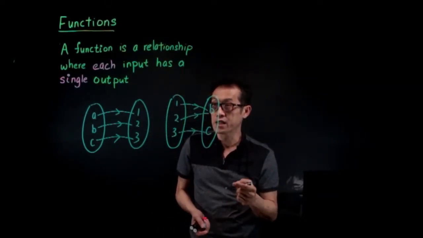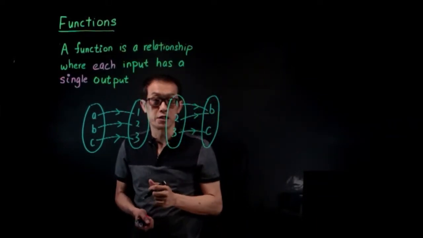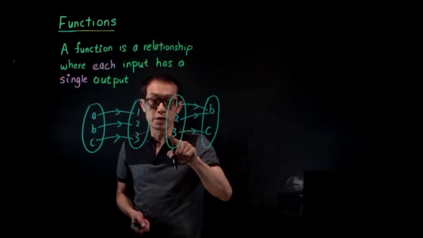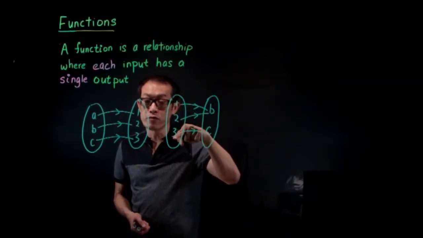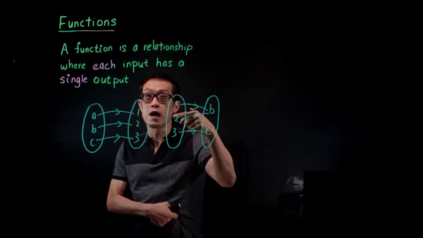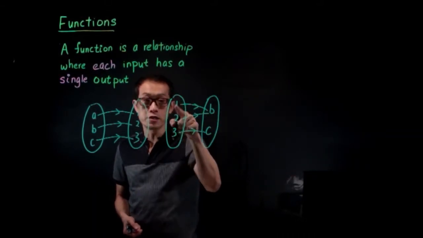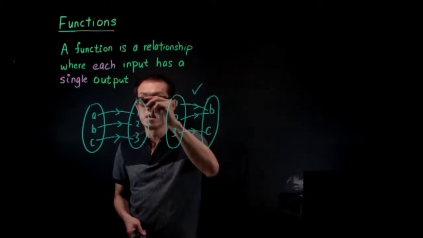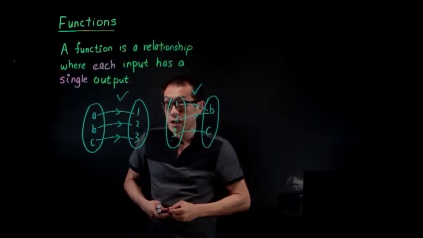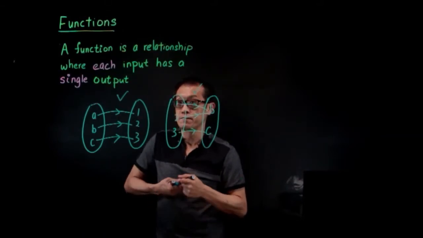Does this satisfy the definition of a function? Does every one in the input have an output? Yes, and a single output. So this one is also a function. Let's look on further.